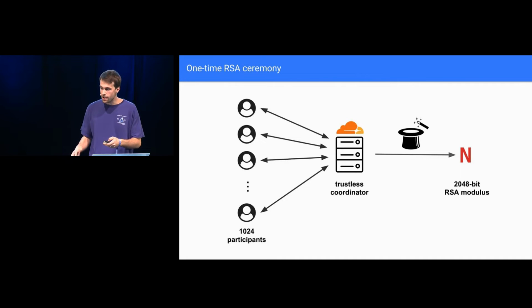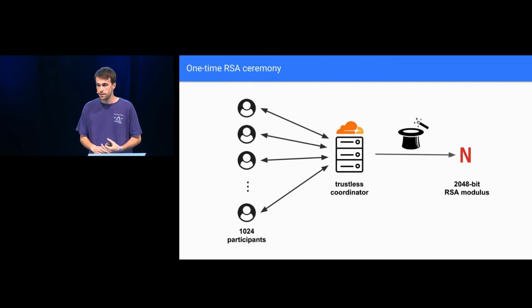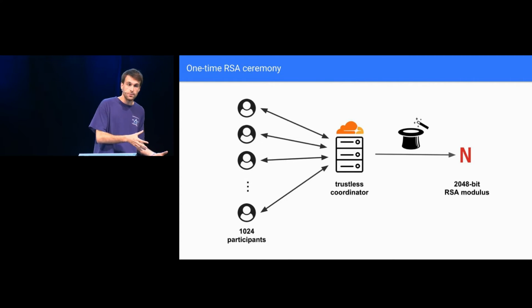But there is one important detail, which is how do you generate the modulus? We need to have an RSA modulus which no one can factor. And there are various ways to get such a modulus, but the preferred approach that we're looking into is having an RSA ceremony. This is similar to what Zcash did with the powers of tau.